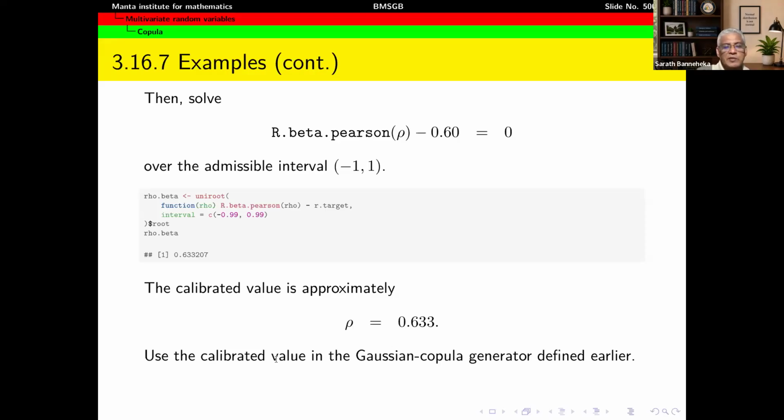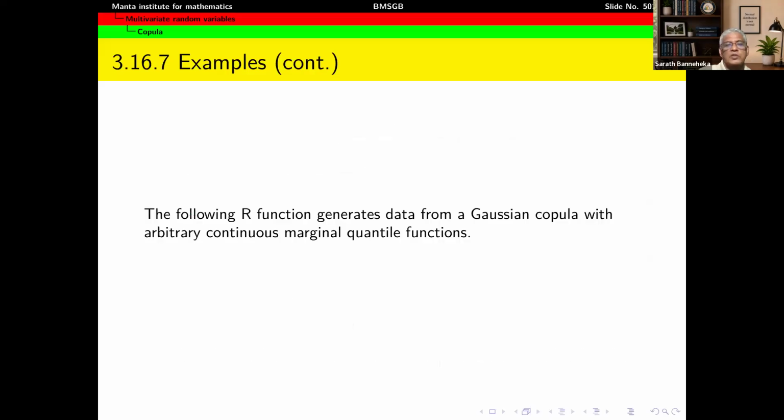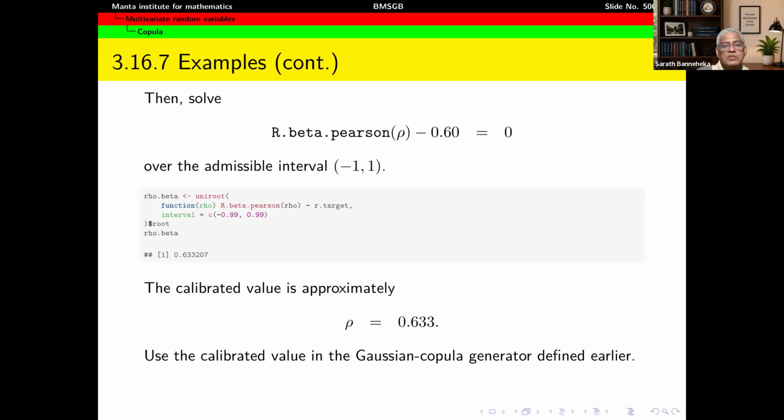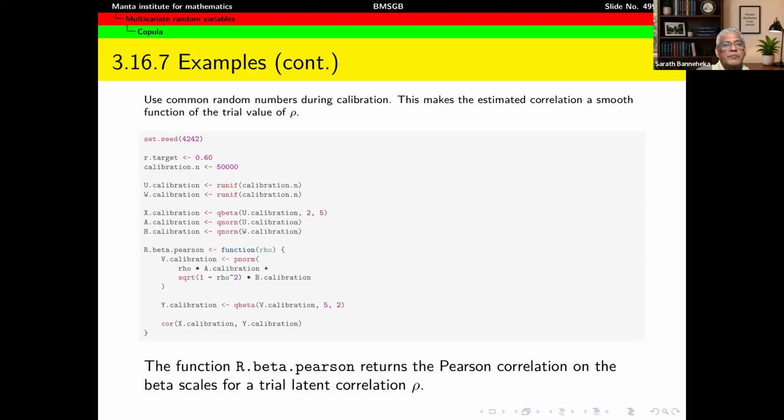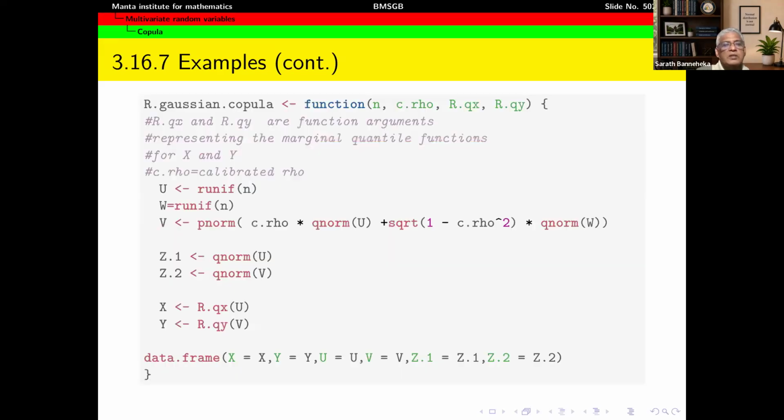So use the calibrated value in the Gaussian copula generator defined earlier, right? I have already defined the Gaussian copula. So use that with this calibrated rho. Here is the Gaussian copula function. There I have to give the number of observations, and the calibrated rho value, which is actually 0.633.